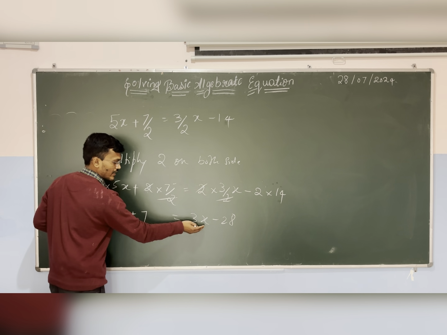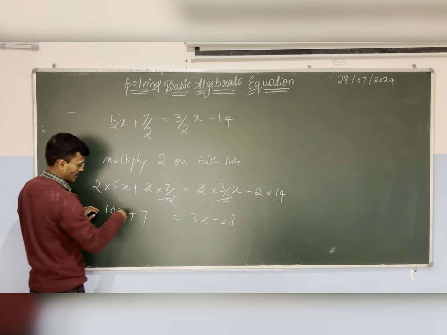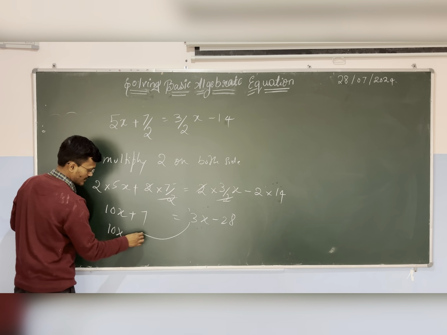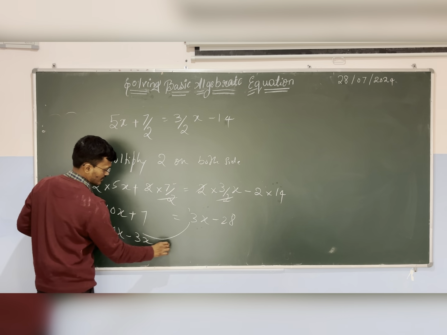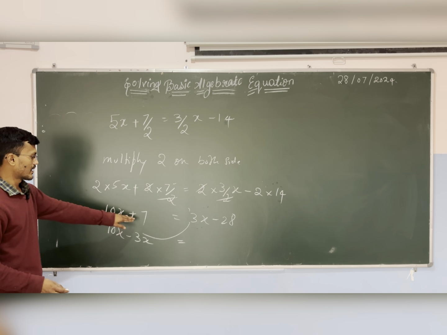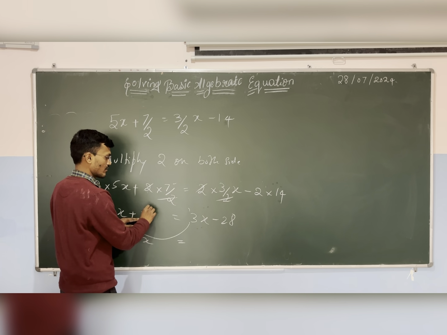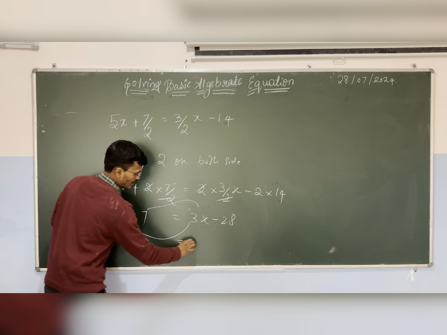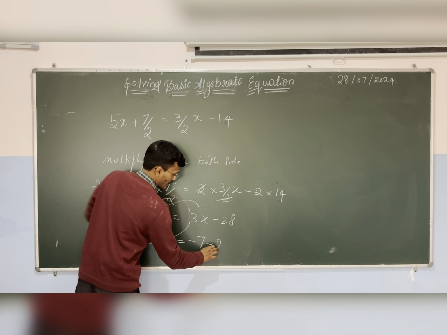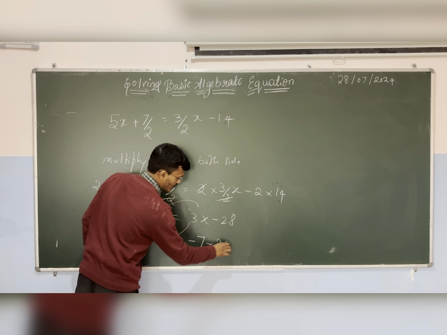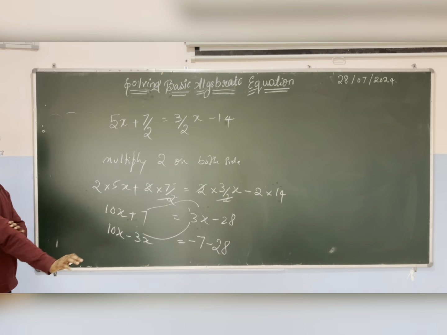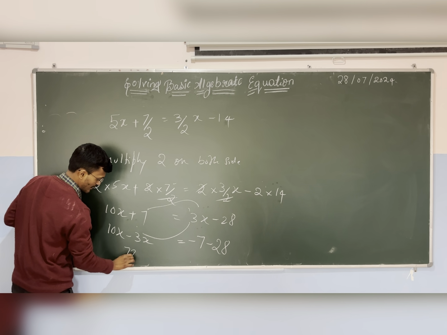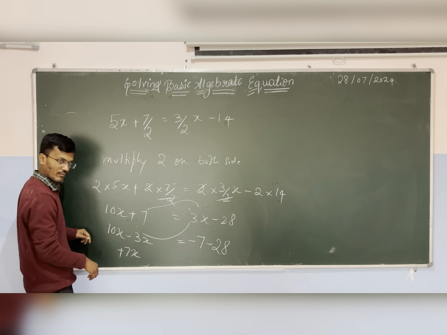So shifting the 3x from the right hand into the left hand side, 10x is shifted into the right side, it becomes minus 3x. Same as it is, 7 is shifted from the left side into the right side, it becomes minus 7, and minus 28 as it is you need to write on the right hand side. So 10x minus 3x becomes 7x. Why plus 7x?